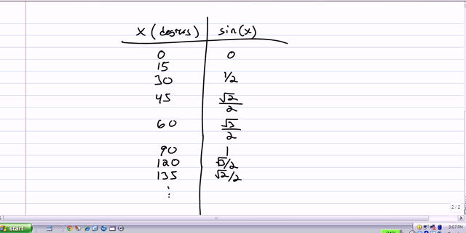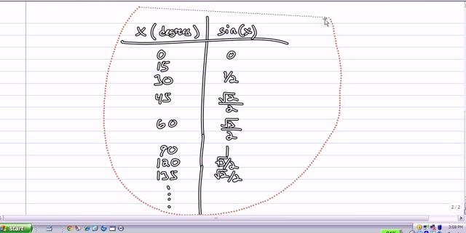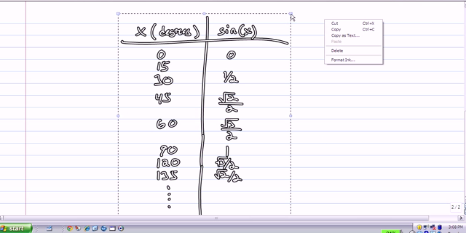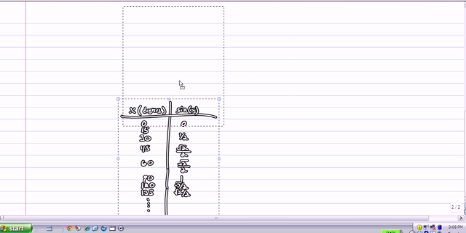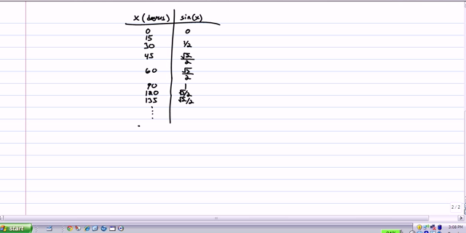You could just keep on going with this list, all the way up to x equals 360 degrees.